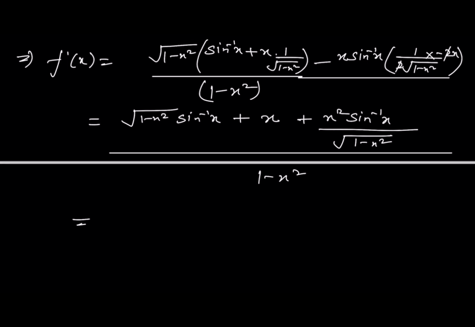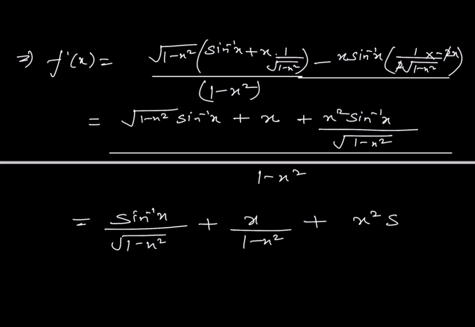If we split the numerator, it becomes sine inverse x upon root over 1 minus x square plus x upon 1 minus x square plus x square sine inverse x upon (1 minus x square) whole power 3 by 2.